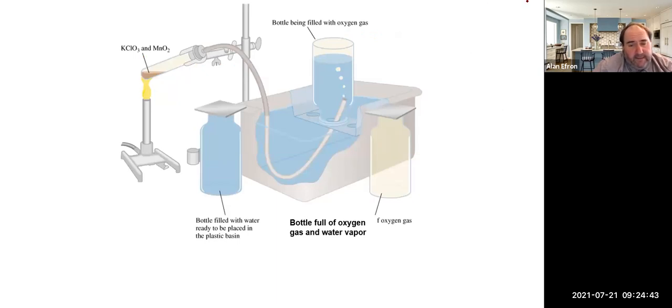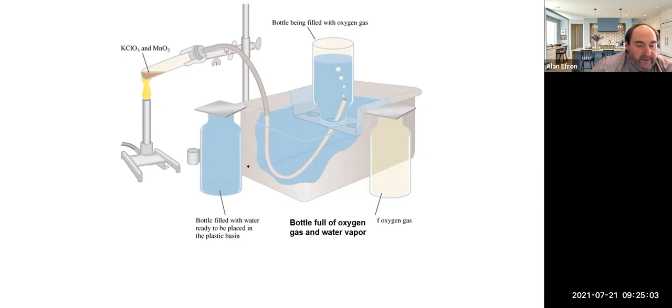In an experiment, a lot of times what we'll do is collect the gas in a water situation. For example, here we have some potassium chlorate and some MnO2, and we're going to heat it up.